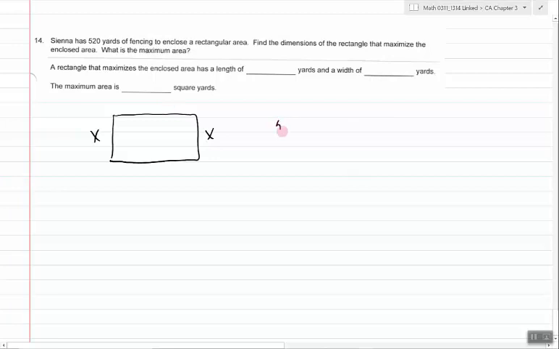Okay, 520 minus those two x's will give me what I have to put here and here because I don't have a river. So for one of those sides, I need to divide it by 2.